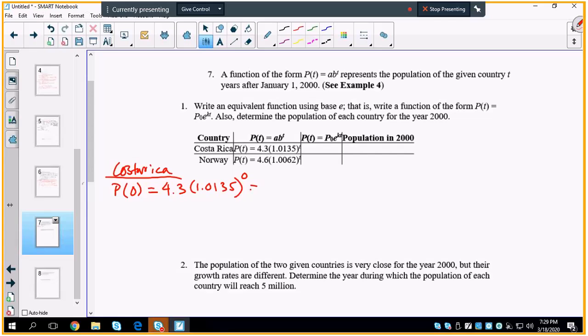So this is 4.3, and remember the units are given in millions. So I'm going to go ahead and say that the population in 2000 is 4.3 millions.